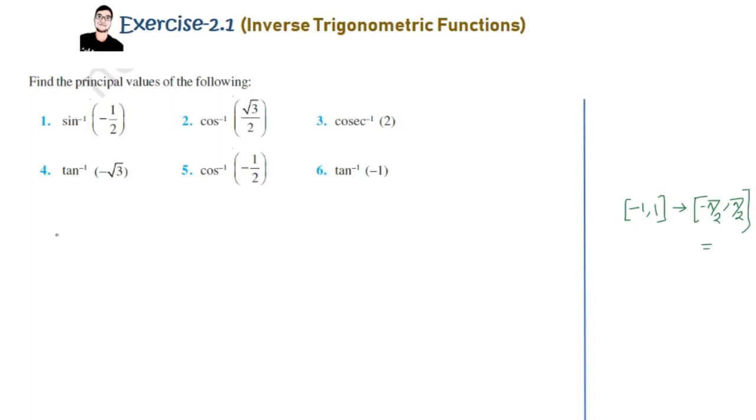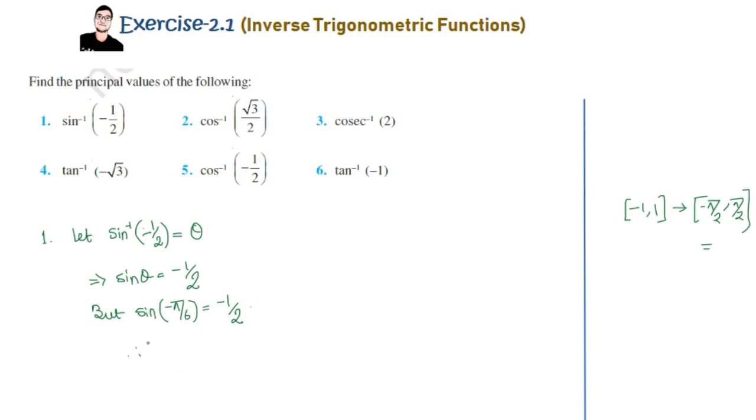Now if we take question number 1, let sine inverse -half equal theta, because sine inverse is always going to give me an angle. So we can say that sine theta equals -half. But sine of -pi/6 is equal to -half.